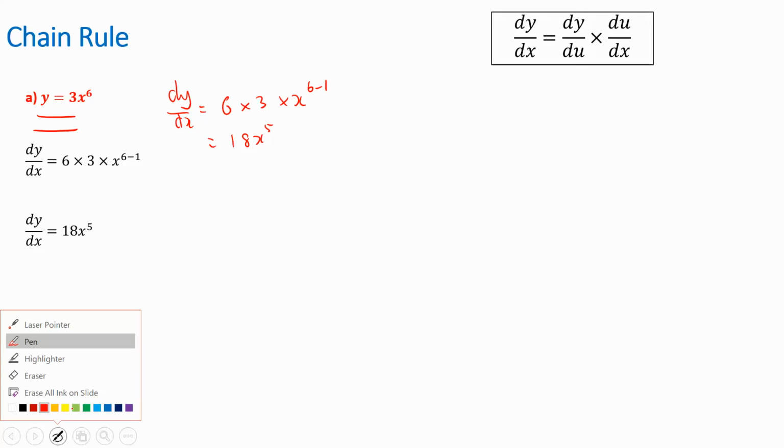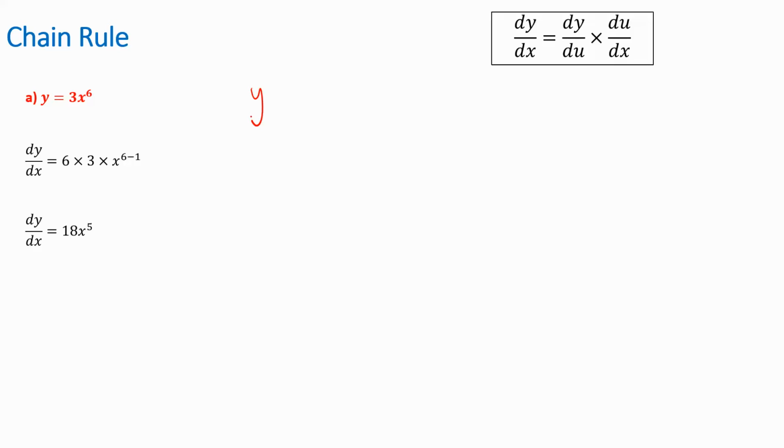I'm just going to delete that away. If I gave you now y equals 3, still 3, still to the power 6, but what if I now change that to 2x minus 1? You can't use power rule here because the power rule said it had to be x to the power of n. Right now I don't have x to the power of n, I've got 2x minus 1 to the power of n. Okay, so what is the chain rule?